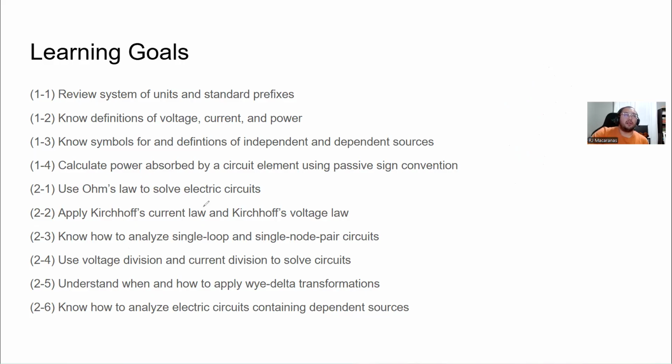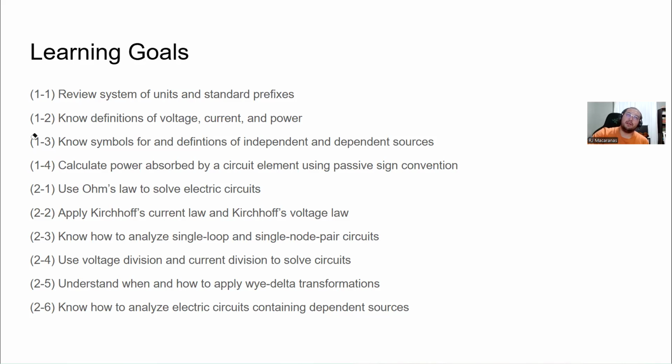Then we looked at Ohm's law, right? That's just this relation where the voltage is proportional to the current, with the constant of proportionality being the resistance. And then we looked at Kirchhoff's current law and Kirchhoff's voltage law.